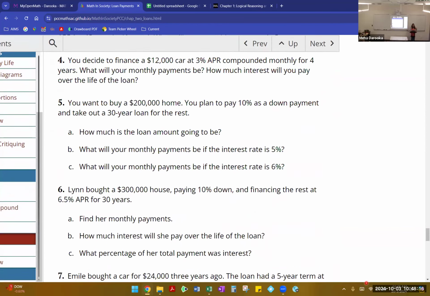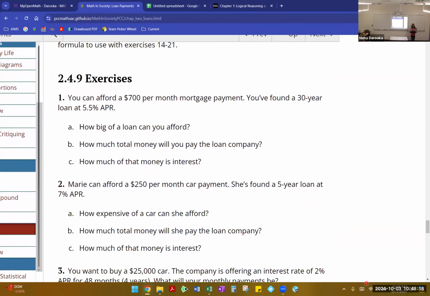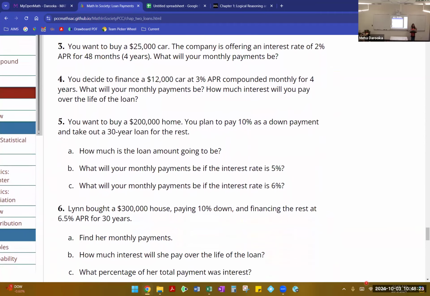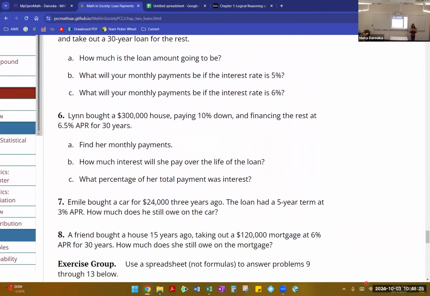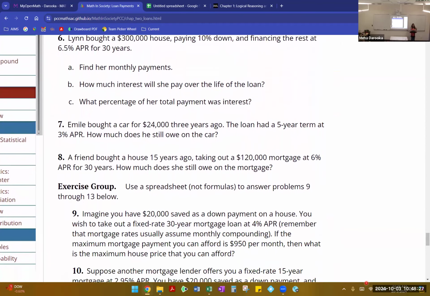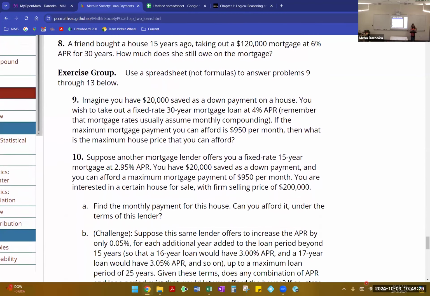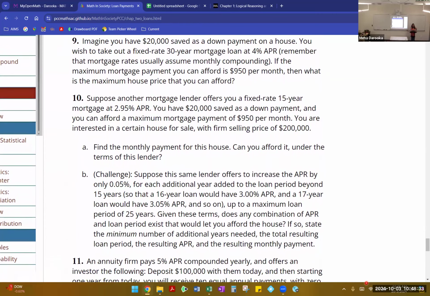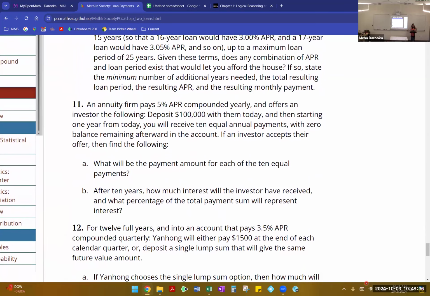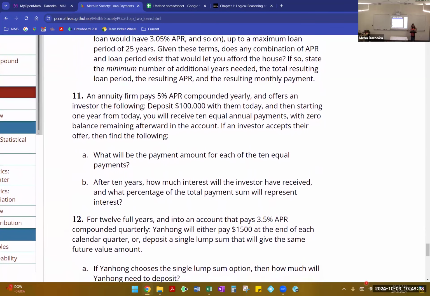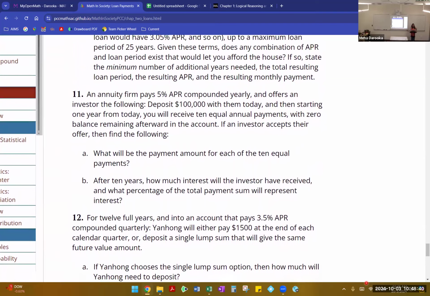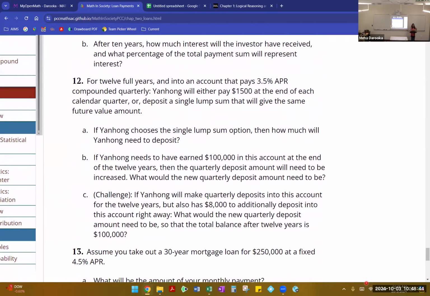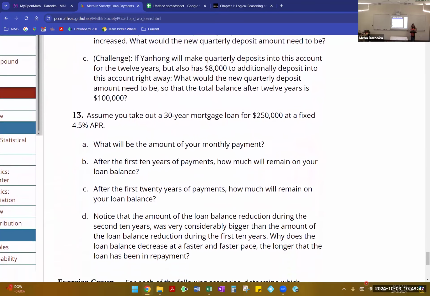I think mortgages, I'm not really seeing something on that credit card. I thought they had it.